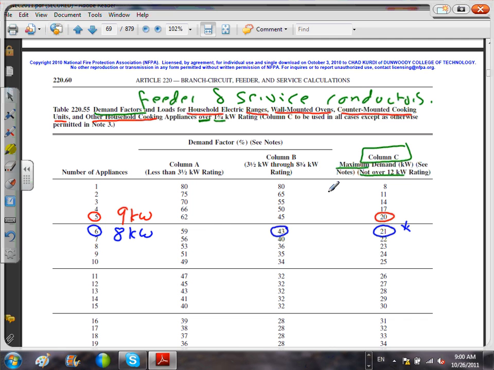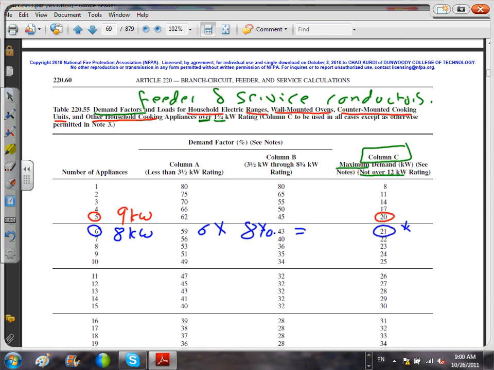B tells you take the 6 of them, multiply them by the 8, and multiply them by 0.4. I'm going to write 0.4 here. Can anybody give me the answer for this?